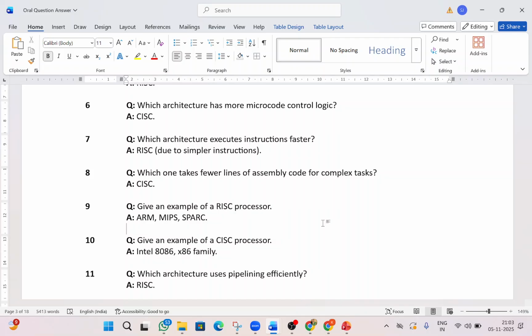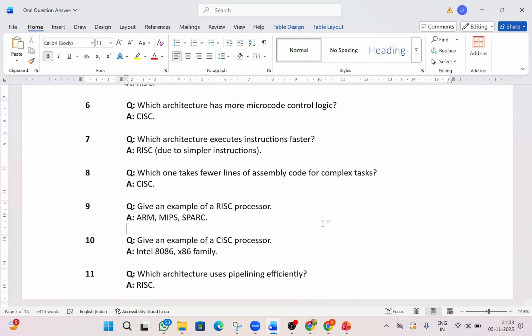CISC processors use microcode to decode and execute complex instructions, which adds more layers of control unit inside the CPU.